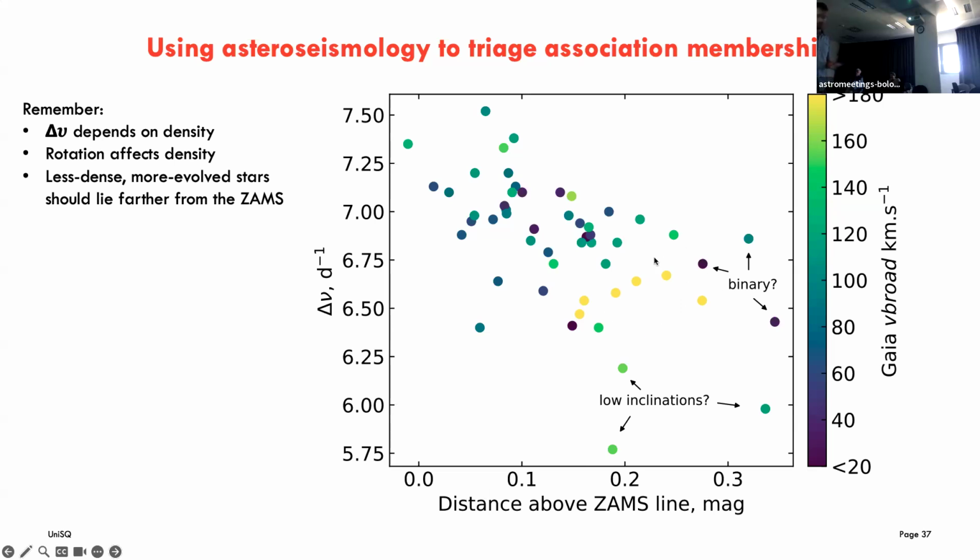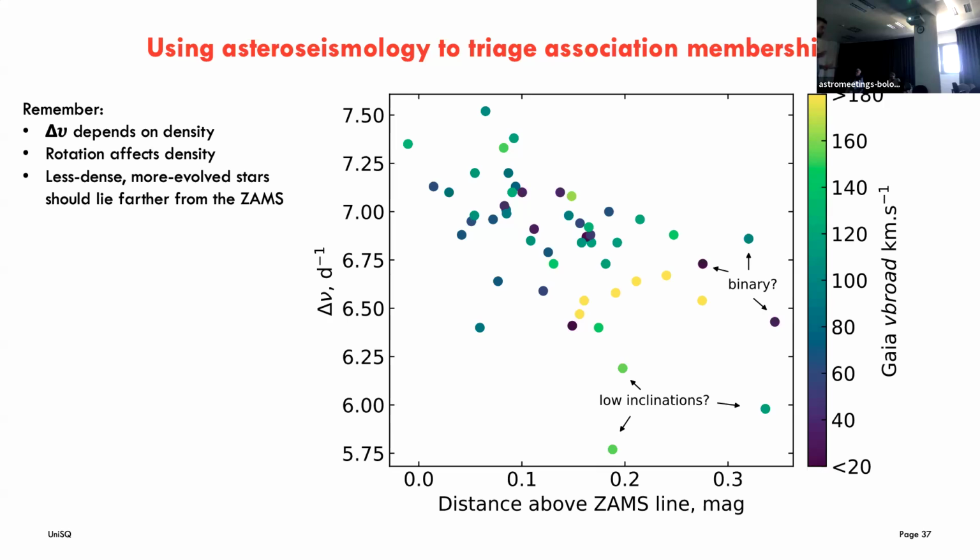But there are some exceptions. There are stars of presumably low inclination. These stars have really low delta nu, but they aren't especially rapid rotators. I mean, they still have V sin i of like 140 kilometers per second, but as far as A stars go, that's not especially rapid. It's not 200 plus, right? And then there are these stars over here that are quite far above the zero-age main sequence line, but they don't appear to be rapid rotators.